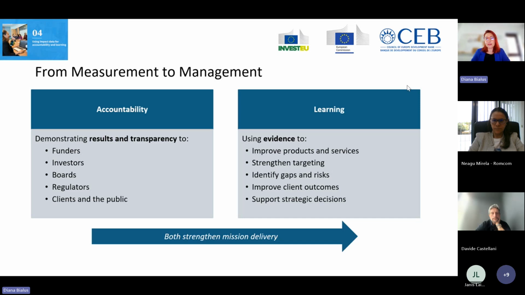While learning is using evidence from the outcome and impact data to improve your products and services, strengthen targeting, identify any risks, improve client outcomes, and then support future strategic decisions. And both of these have the role to strengthen the delivery of your mission and impact objectives.